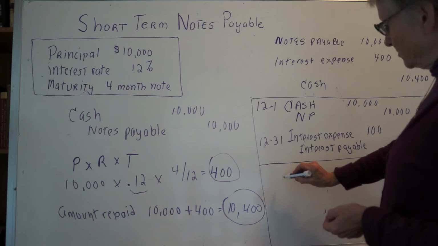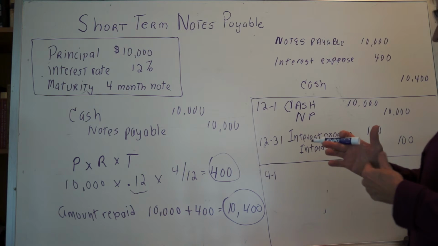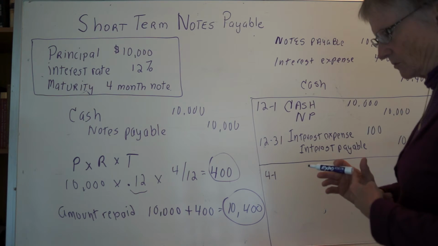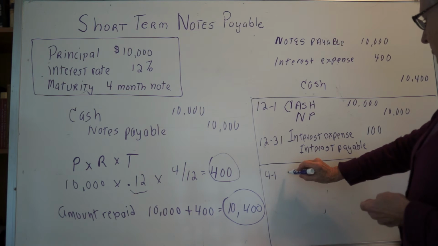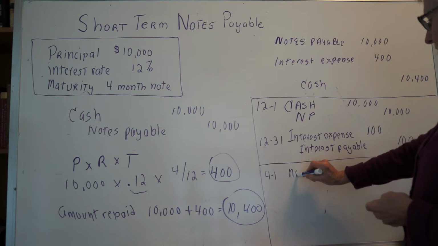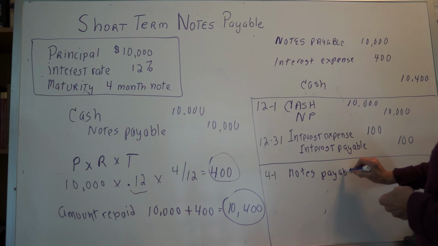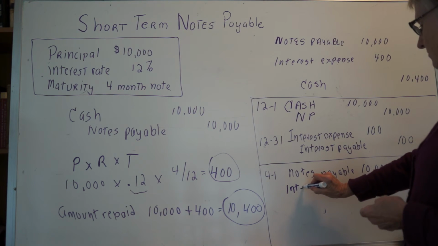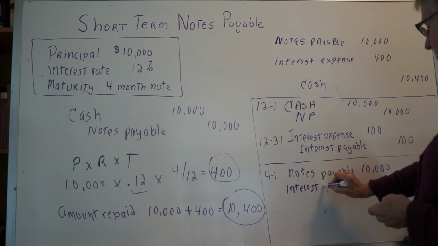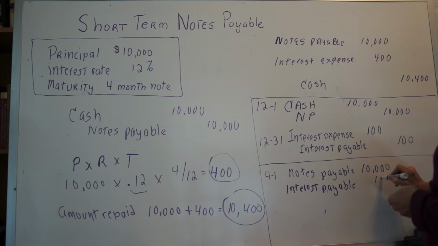Now, when it comes down to April 1st, when we pay off the note, because it's December, January, February, March, it's a 4-month note, we're going to pay off the notes payable. The note is going to come off at its face value of $10,000. And now we'll reduce the interest payable, because we're going to pay that when we pay off the note, and that's the $100.